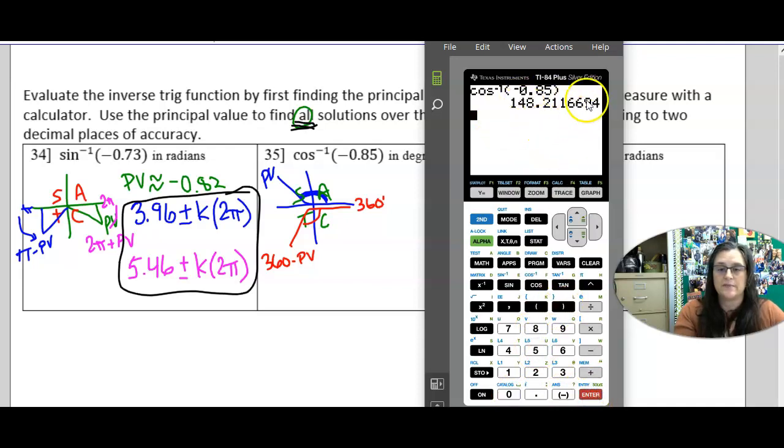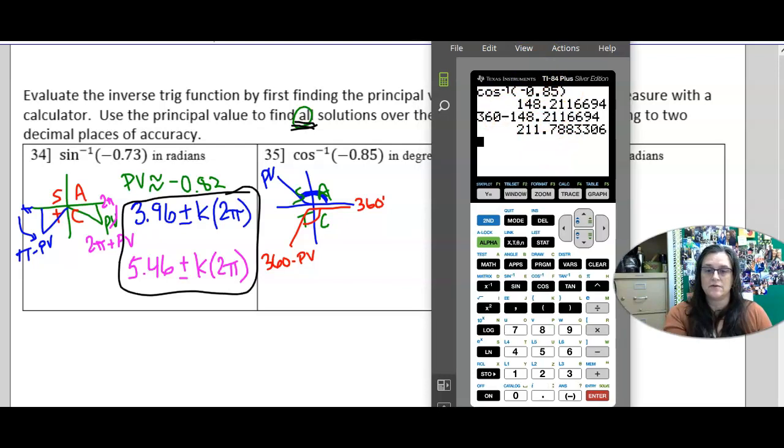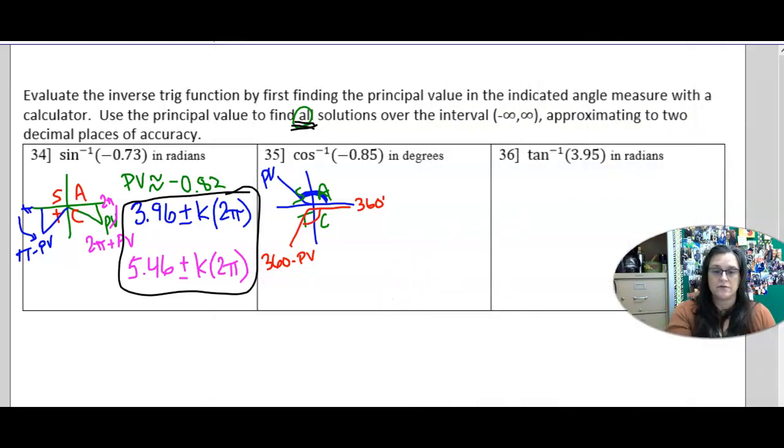And that's our principal value, 148.21. Then we take 360 minus that principal value to get our second solution, 211.788, so 211.79.